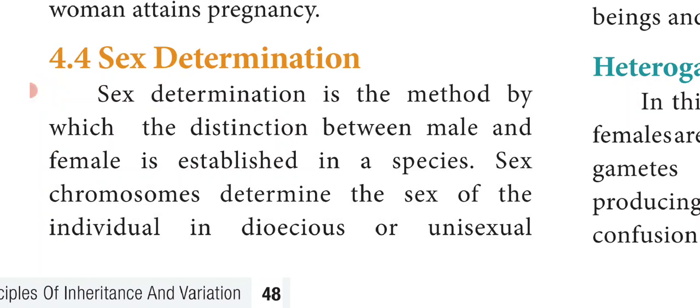Individuals having homomorphic sex chromosomes produce only one type of gametes, whereas individuals producing two types of gametes are called heterogametic, or otherwise heteromorphic. So in a species, one sex may produce the same type of gamete, that is homogametic, and the other sex produces two types of gametes, called heterogametic.